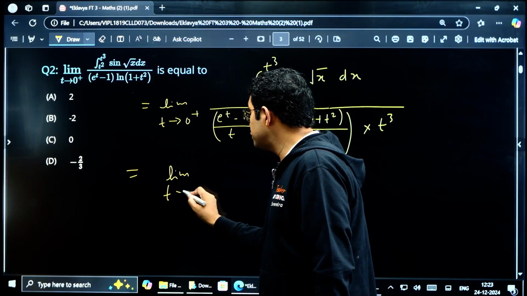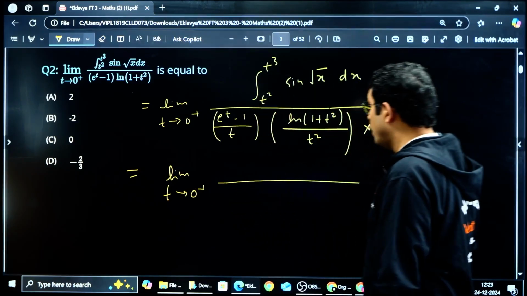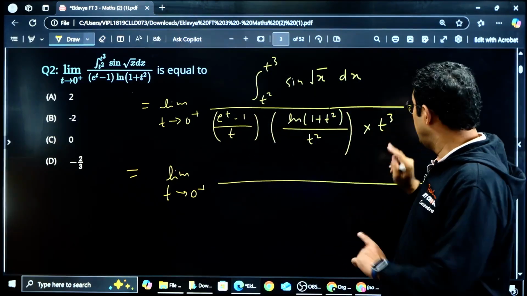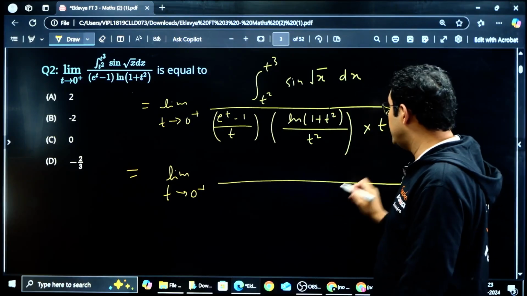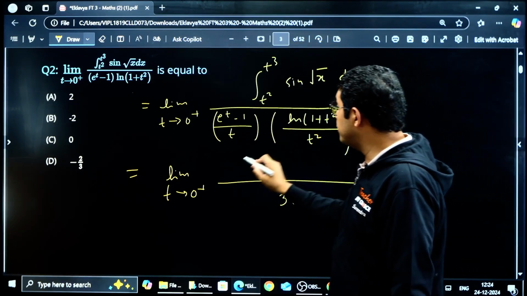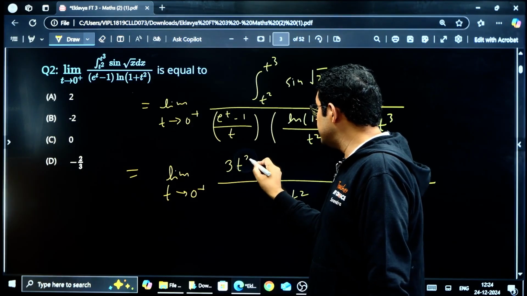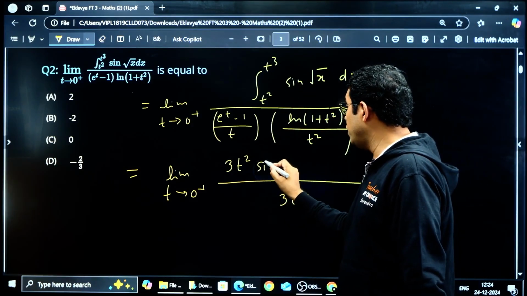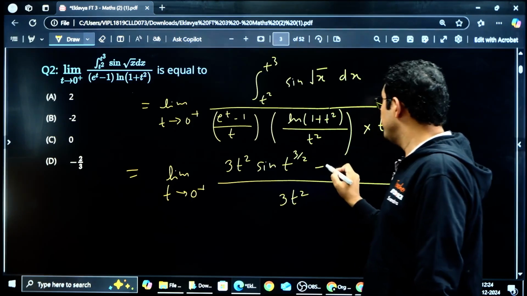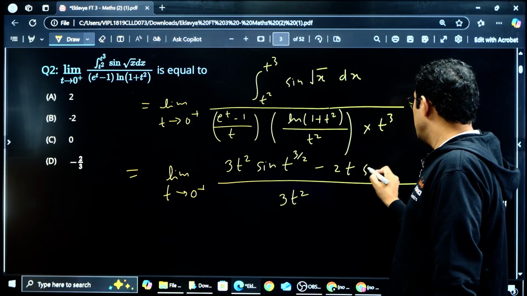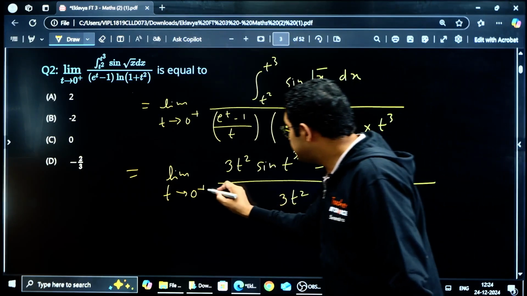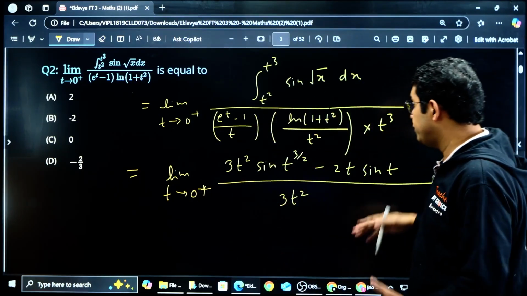Limit t approaches 0 plus; in the denominator, as I said, this is 1 and this is 1, so I will not differentiate these. I'll differentiate just t cube, which gives 3t square. Whereas the differentiation of the numerator would be, for the upper limit, 3t square into sine of square root of t cube, that is sine of t power 3 by 2, minus 2t into sine of t. So this will be the new function for which we have to find the limit.